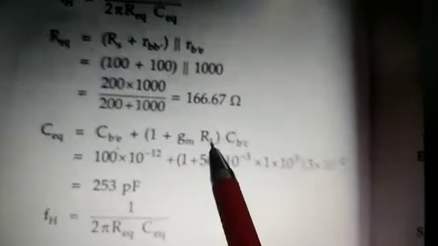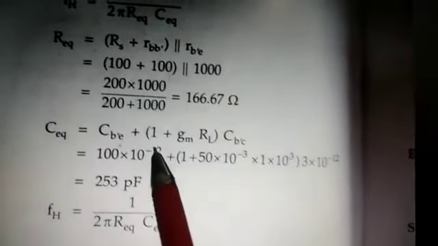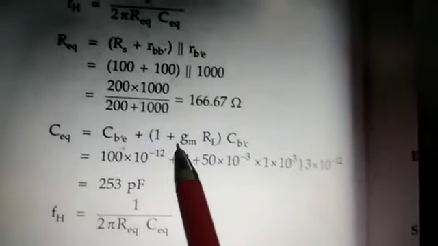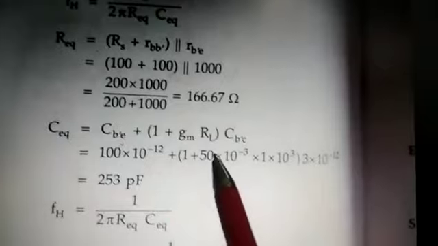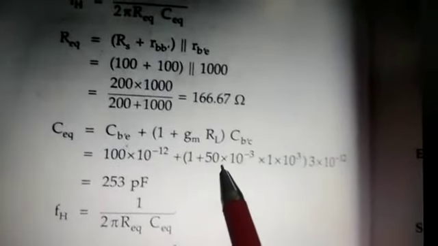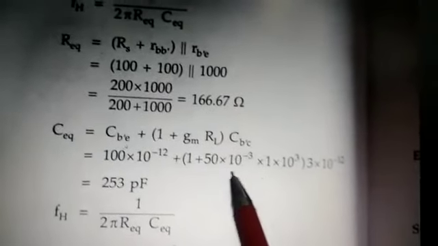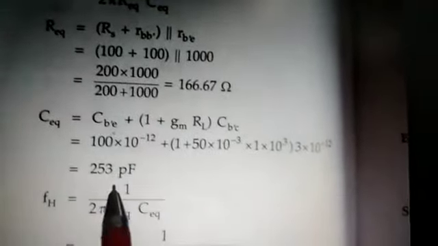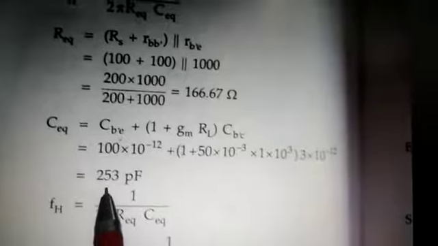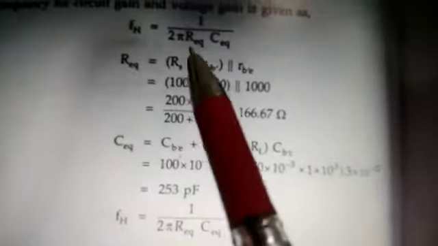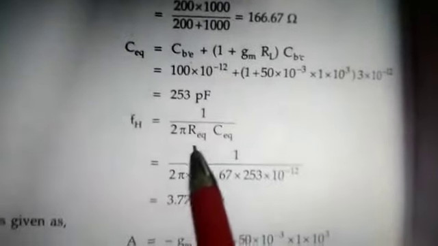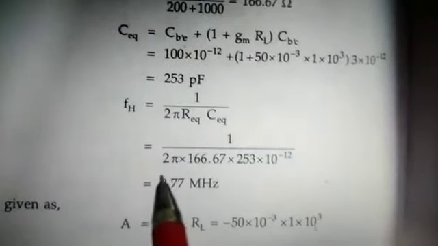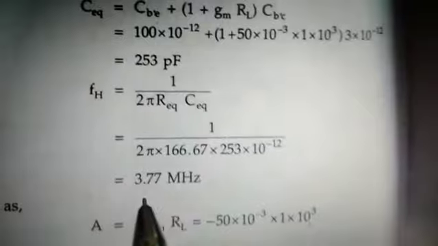But as the load resistance is there, we have to use this factor, 1 plus gm into RL, along with Cb'c. The load resistance is given in the problem, that is 1 kilo ohm, so you can put the values. This C equivalent we got here is 253 picofarad. Then using this formula fH equal to 1 upon 2 pi R equivalent C equivalent, you can calculate the value. So this is 3.77 megahertz.